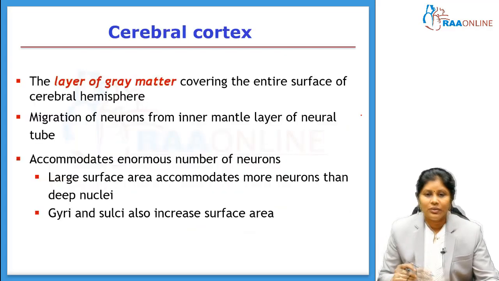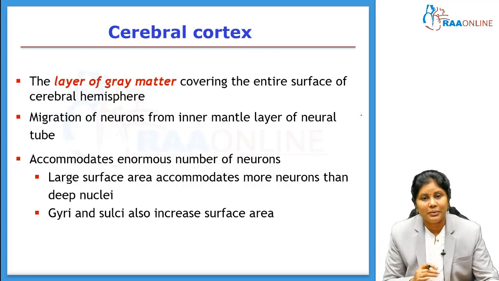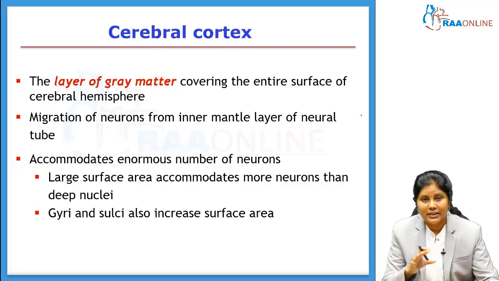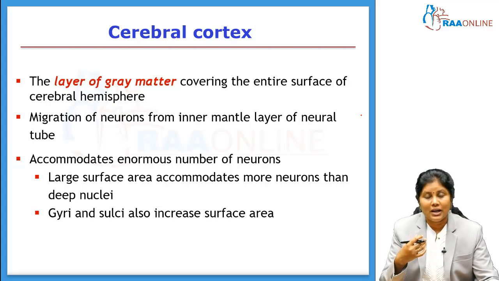Now the characteristic feature of the cerebral hemisphere is that it accommodates a larger number of neurons. It is because of two factors. One is the large surface area. The cerebral cortex is a group of neurons, and there are other subcortical structures which are collectively called nuclei.